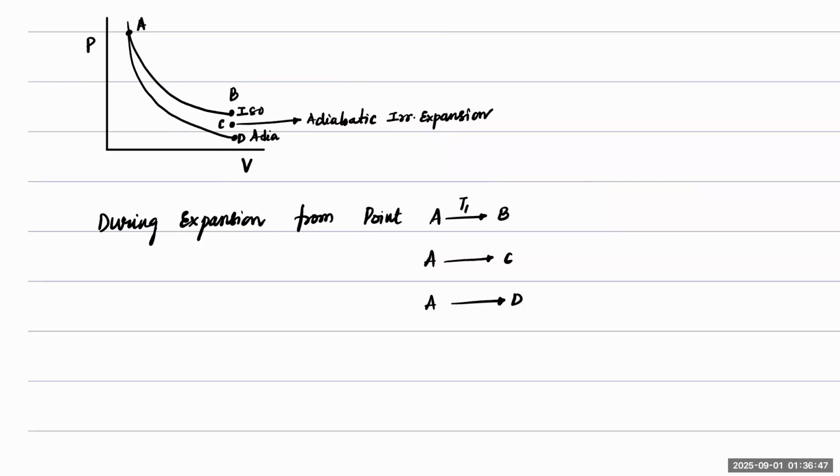Temperature here remains T1, correct? Because the temperature will remain T1 at the A end also, at the B end also. But here it changes. Here it is T1, here it will become T2. Here it is T1, here it will become T3, right?